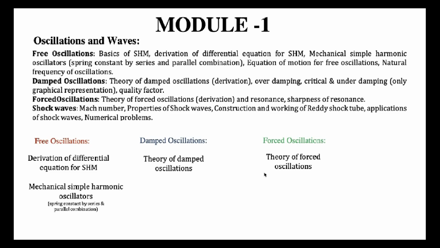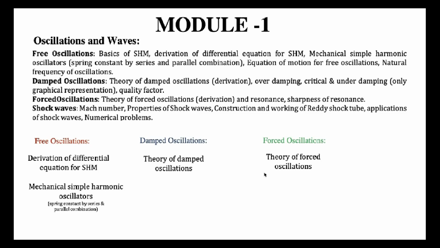Along with that, sometimes he may tell you to define resonance and give the equation for sharpness of resonance. This concept may arise for 4 to 6 marks: 4 marks for sharpness of resonance, 2 marks for the resonance definition. Okay, this is from forced oscillation.